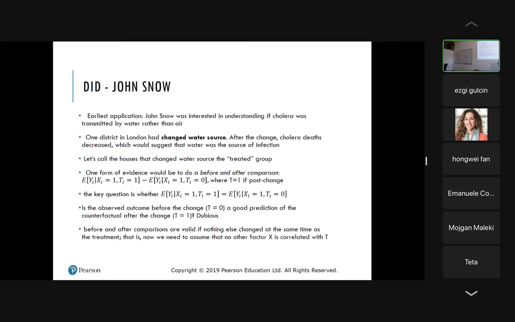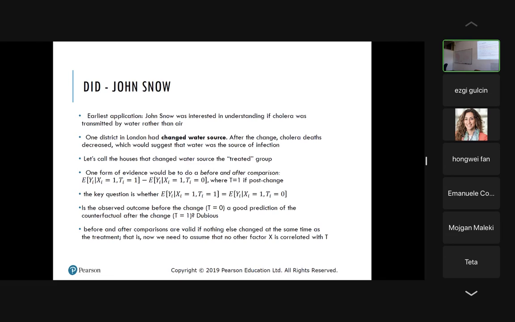So we need to generate another group with similar characteristics to the treated group, which will account for variations, cross-sectional variations. So let's see what I mean. We can actually use the before and after comparison if nothing else changed at the same time as the treatment.